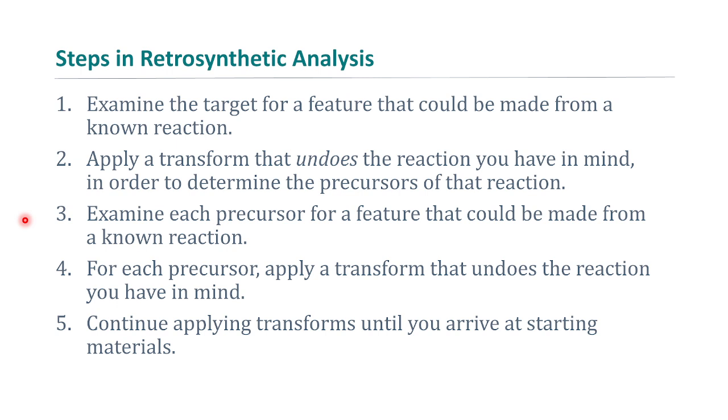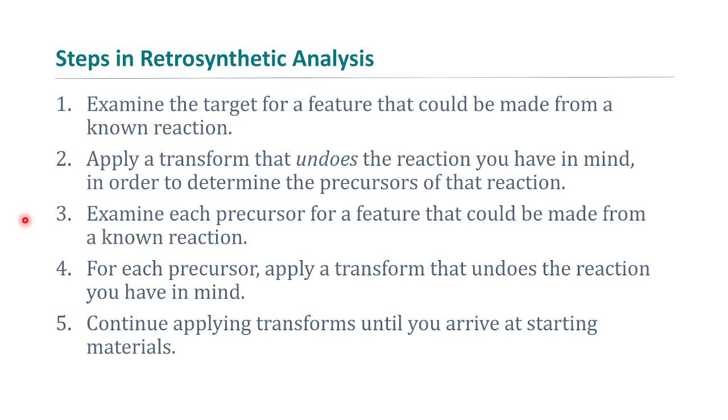Number three is to examine each precursor for a feature that can be made from a known reaction, i.e., can we make that triple bond? Can we put together the two hydrocarbons to create that specific structure?